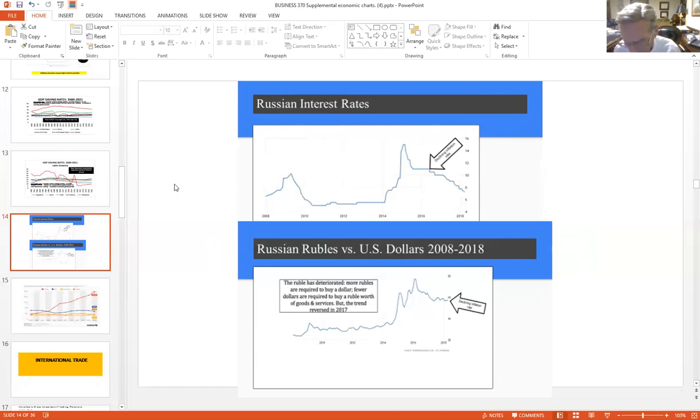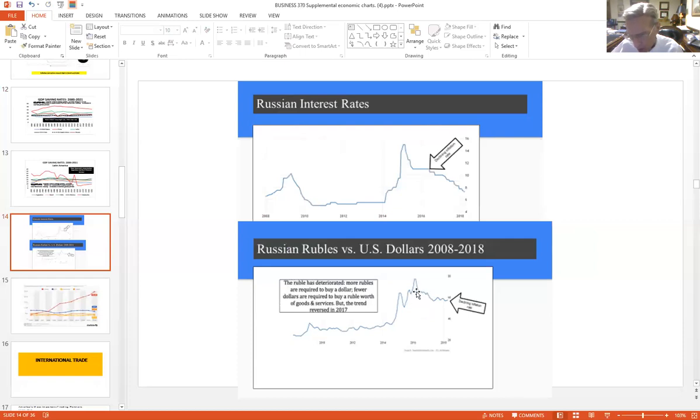And the rather interesting thing is the amount of rubles that can be purchased for $1. Let me make sure that I've got this right. Yeah. So fewer dollars are required to buy a Russian ruble.